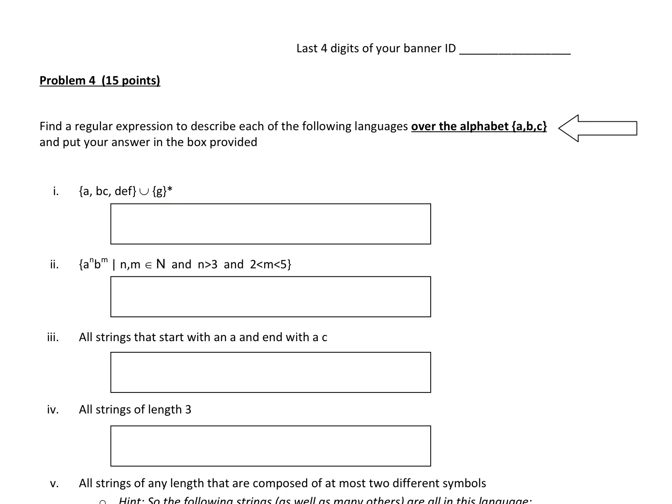And we can represent that as a regular expression pretty easily. We can just say that's A plus BC plus DEF plus G star, right? And remember, plus in the context of regular expressions means or. So this language is the string A, or the string BC, or the string DEF, or 0 or more G's, right? All of those strings are elements of the language.